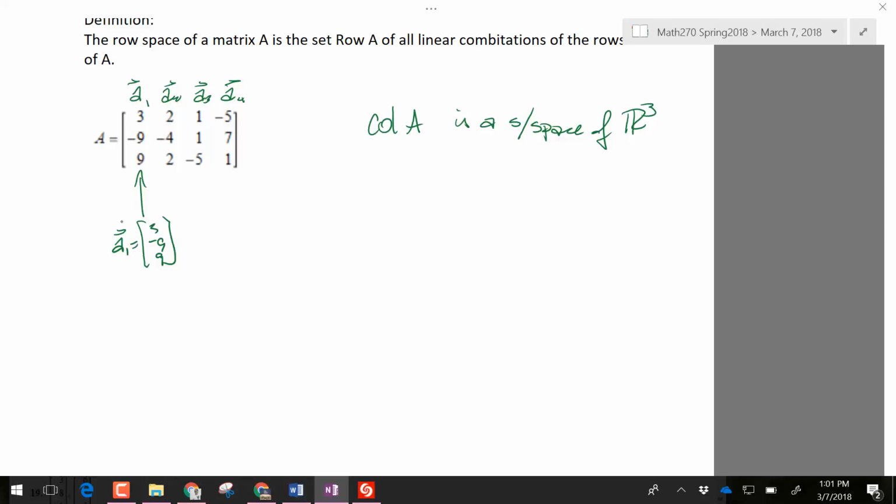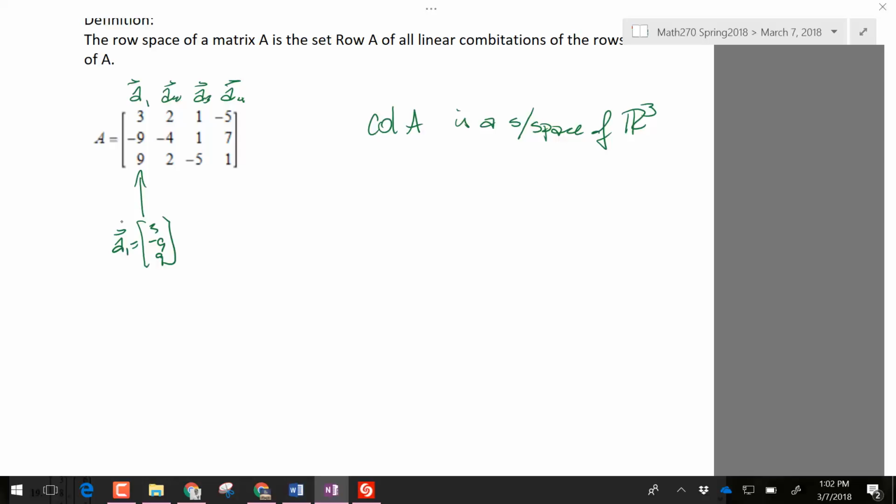Now, last time we talked about all the possible subspaces of R3, right? So what are our possible subspaces for this column space of A? It's either just the origin, a line, or a plane.